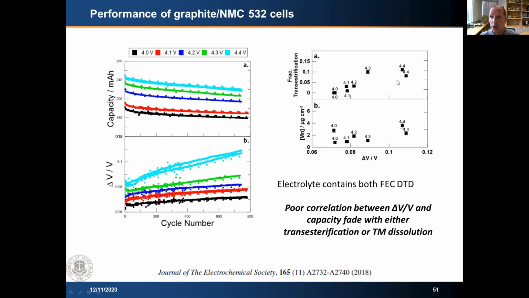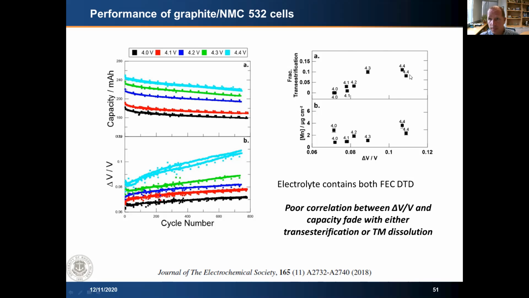So once again, what they observed is as they went to higher and higher voltages, from 4.0 volts to 4.1, up to 4.4, they see basically an increase in the overall resistance, which is this dV plot. They see a decrease in capacity, or worse capacity fade at higher voltage, consistent with our results.